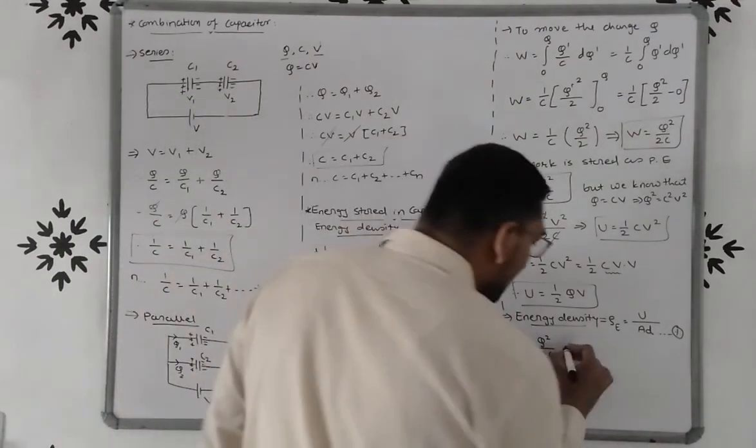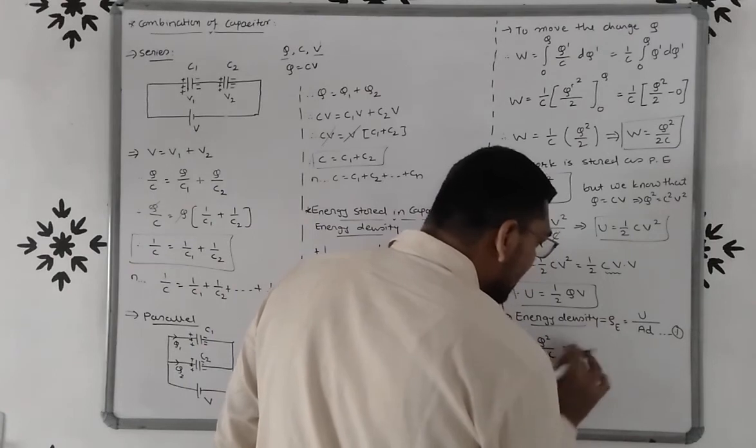So instead of Q square, we can write sigma square A square, right?